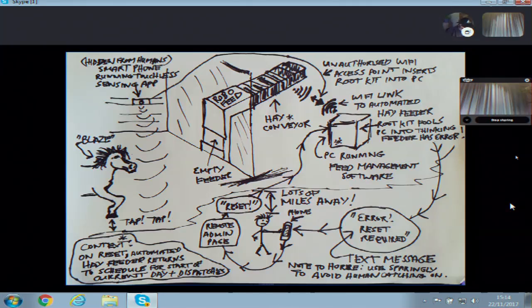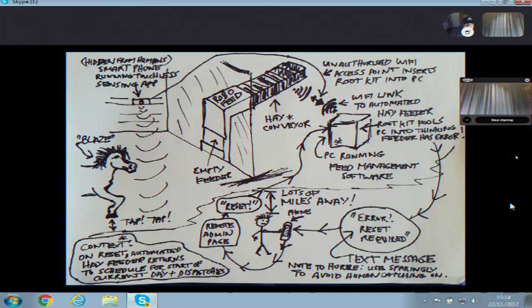The automatic feed machine is controlled by a Wi-Fi connected computer running feed management software. Individual horses are identified by an RFID chip clipped to their mane hair. The system will deliver small, regular amounts of fodder to the horse via a conveyor belt system, up to a daily limit prescribed for the current horse.